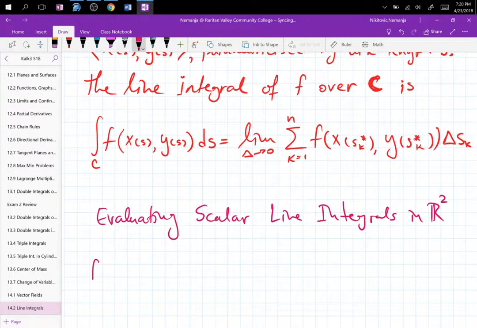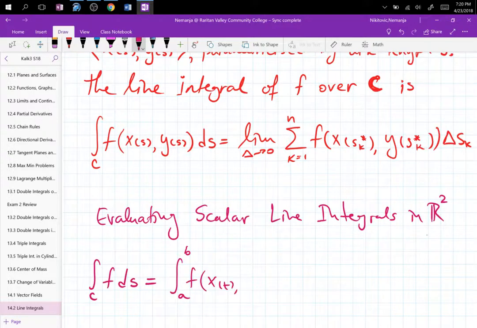So our integral over the smooth curve C of f ds is going to be the integral from a to b of f expressed in the parameterization, f of x of t, y of t, times the magnitude of the vector r prime of t, dt.